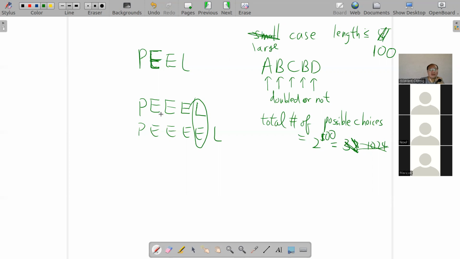Now, one of the things that you guys mentioned was that we go from left to right, and then for each character, you look at the next character and decide whether you double up the current one or the next one. But then what if you have multiple E's? And then maybe things get a little bit complicated. Maybe it's not just 2 E's, maybe there's 3 E's in a row, and so on. And the problem is you need to look at the next one, but then sometimes you don't really want to look at the next one.